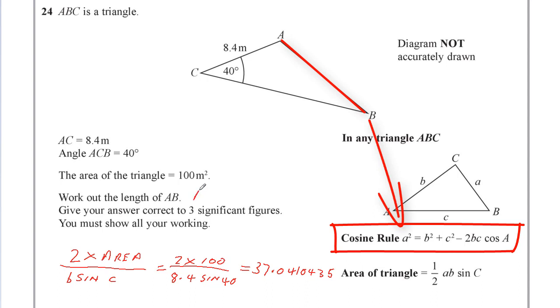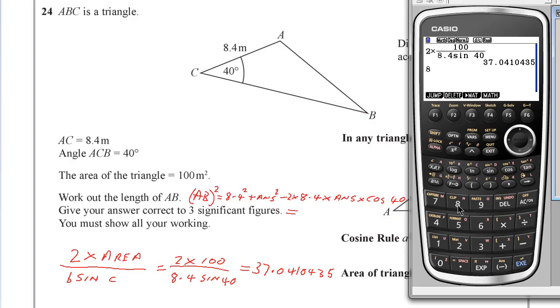Therefore, AB squared equals 8.4 squared plus the previous answer squared minus 2 times 8.4 times the previous answer again, times by the cosine of 40 degrees, which equals 965.89746.